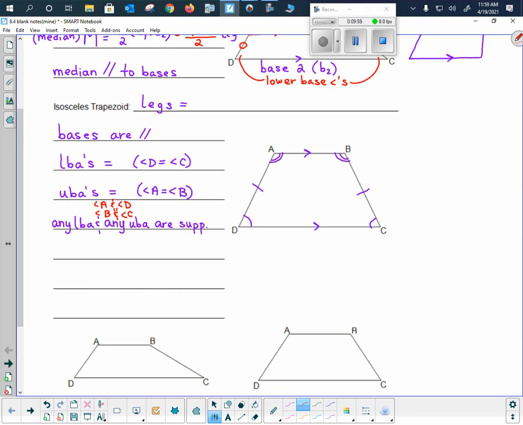Because it's on one leg, left side and right side. But now, because of the markings, since angle A and angle B are the same, I can replace that angle A in the top with this angle B and say, all right, angle B and angle D would be supplementary. And in that second line, angle B and angle A are interchangeable, so now angle A and angle C are also supplementary to each other.